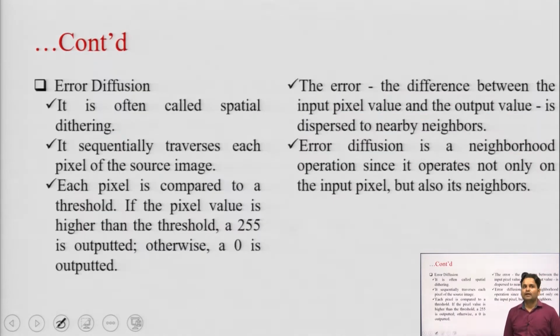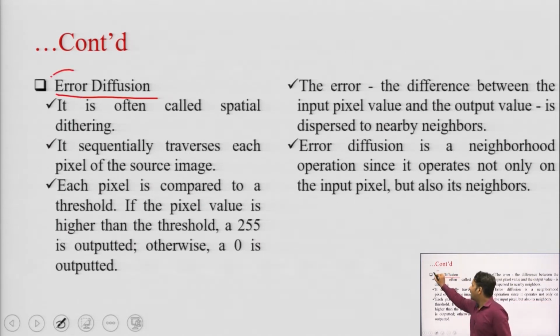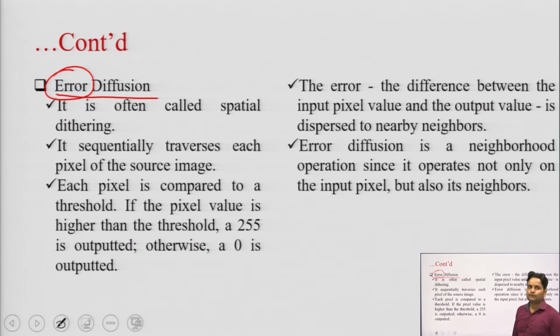Okay. Now, if we talk about another method of the digital halftoning process, that is called error diffusion. Now, here the word error is very useful. See, using the error diffusion method, you have to find the error between the spatial coordinates. It is also known as spatial dithering, where the neighboring pixel comes into the picture.